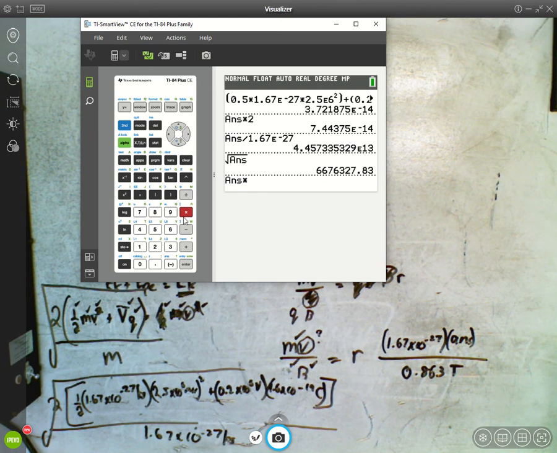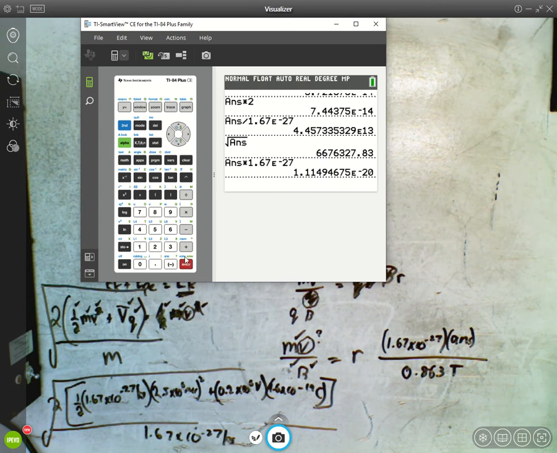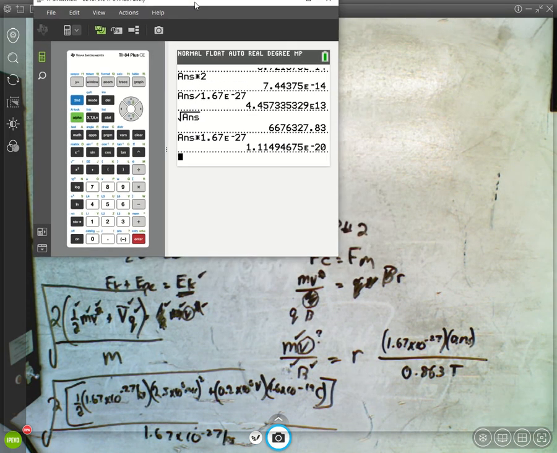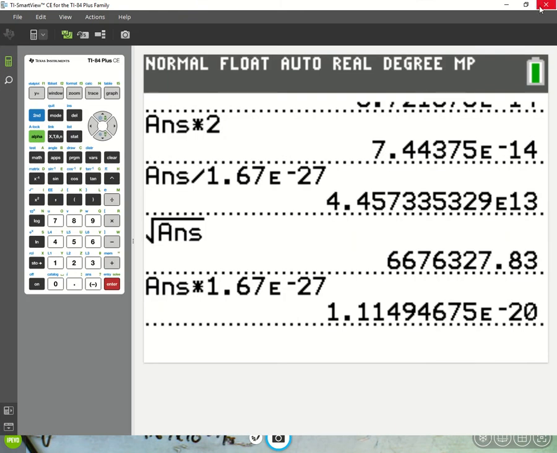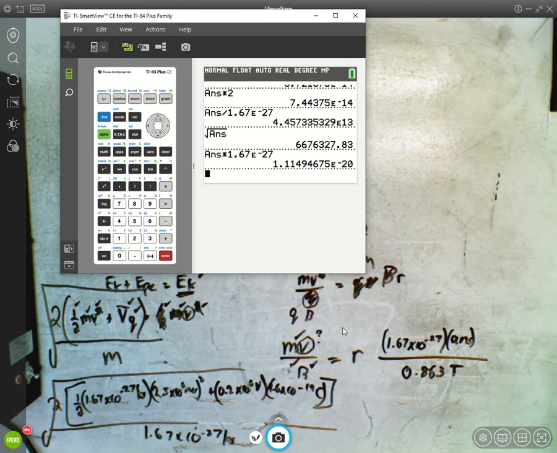So we're going to take that, we're going to multiply it by the 1.67 times 10 to the negative 27. What's going on here? Oops. Sorry, that's not going to give us a reasonable answer.